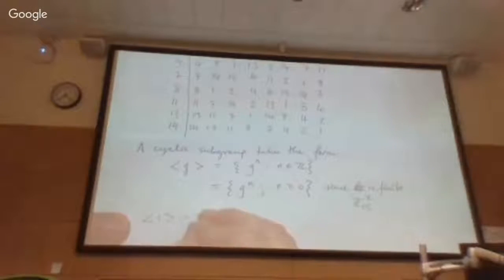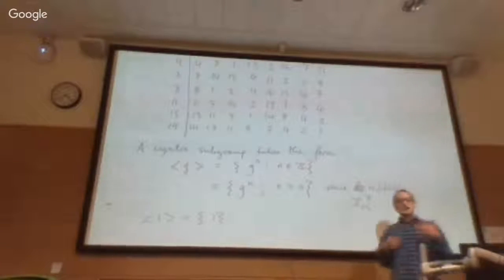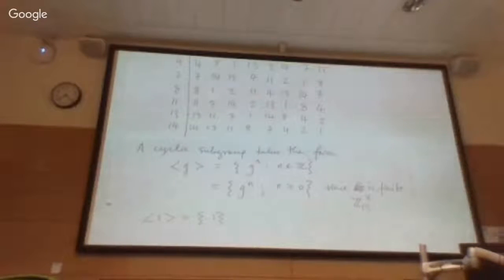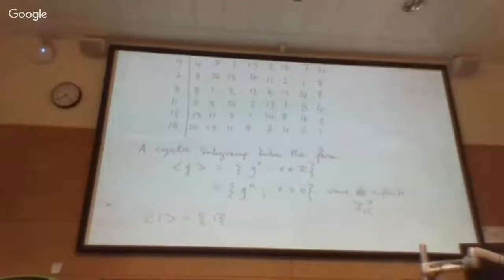Okay, so let's look at these. Well, the cyclic subgroup generated by 1 is automatic, because what can you get by starting with 1 and using multiplication? Well, 1 times 1 is 1. You can't go anywhere apart from where you already are with 1. Cyclic subgroup generated by 2.